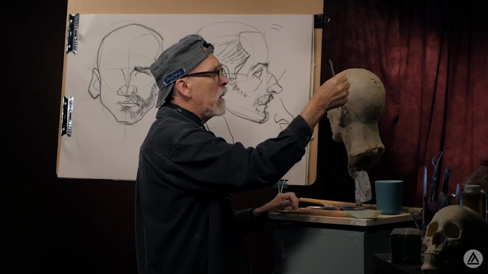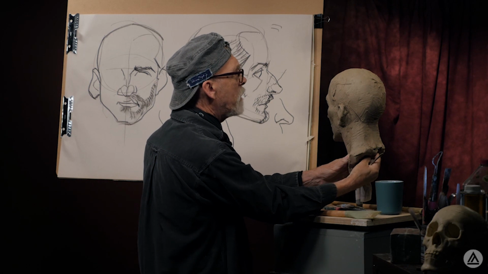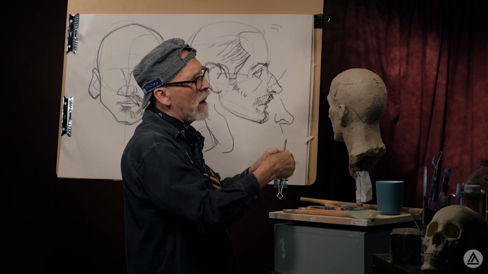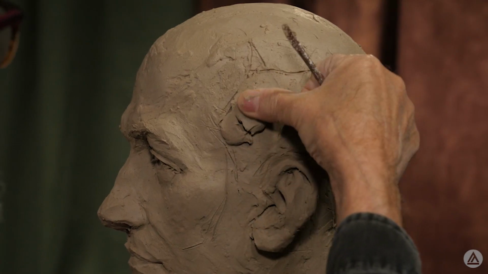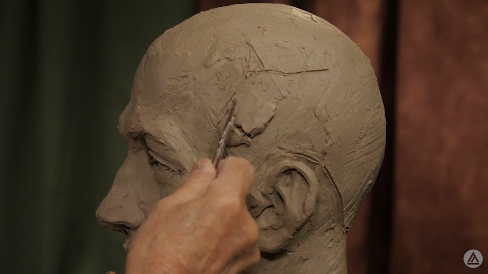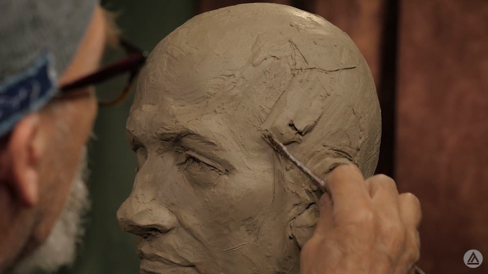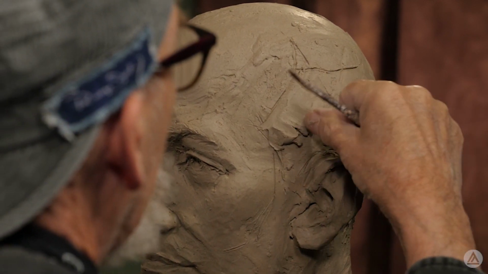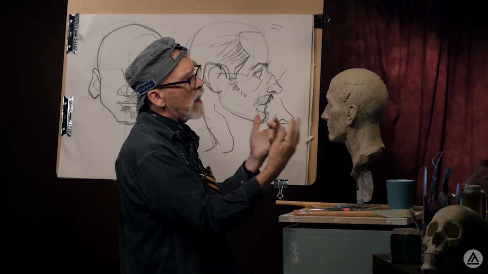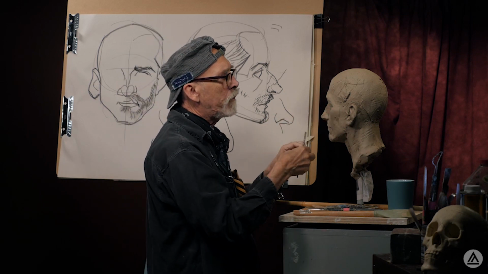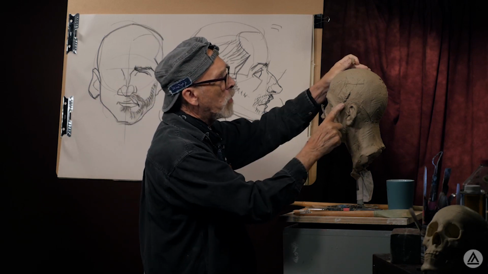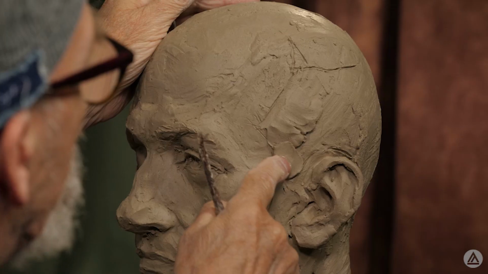Now, I'm going to put some volume on here, because this is what happens when hair, even short hair, grows to a certain length. It begins to pick up a volume. And when we do hair, we don't want to have to be dependent on drawing a million lines. We want the hair to read as sculpture and not as a drawing on a three-dimensional object.